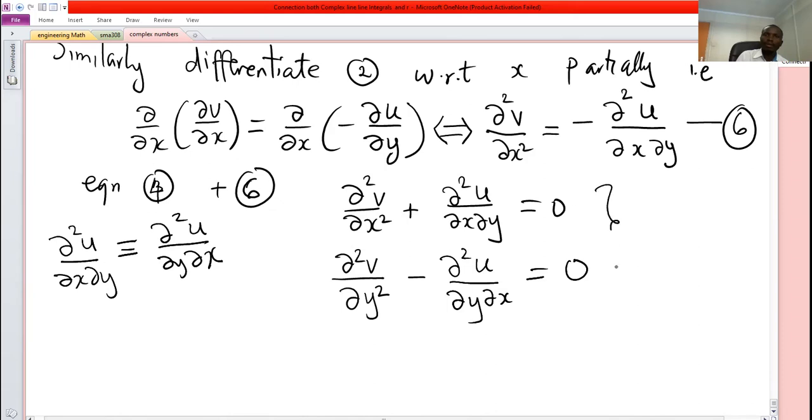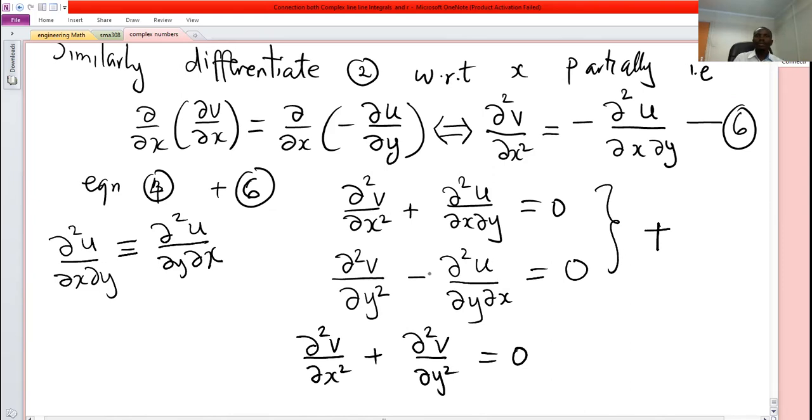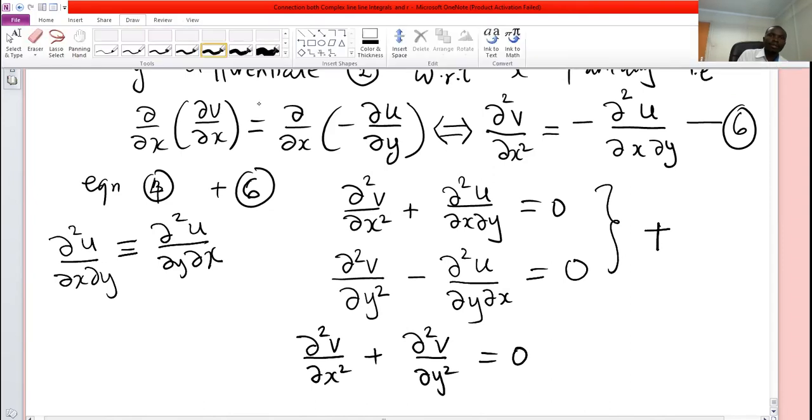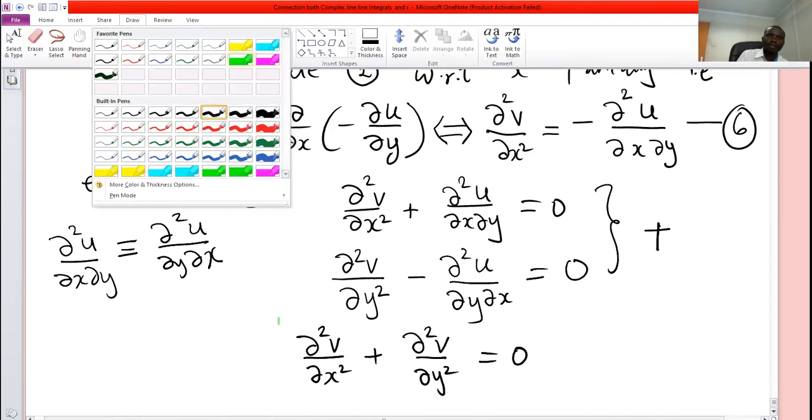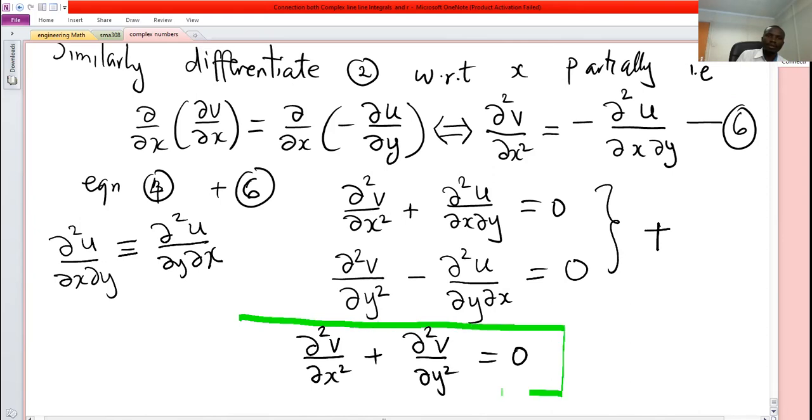So when we add these two equations, we have partial squared v partial x squared plus partial squared v partial y squared, which is 0, since the sum of this positive and negative is 0. So this also proves that v is a harmonic function.